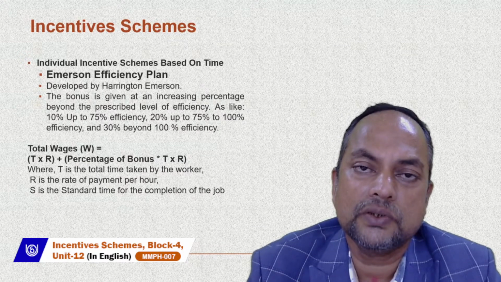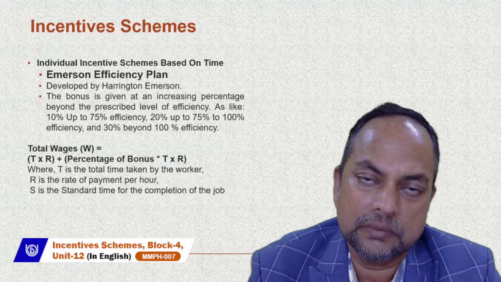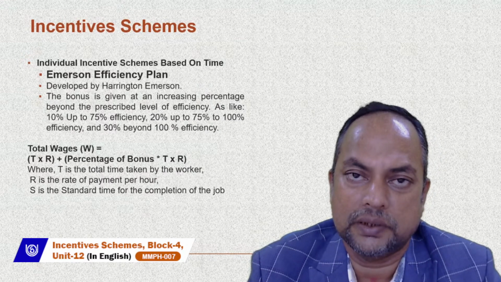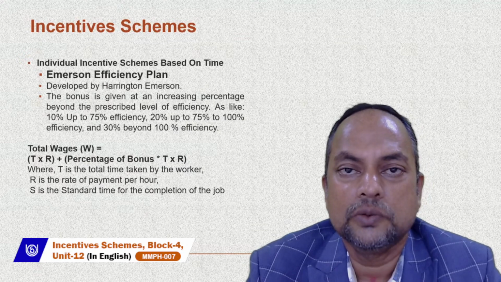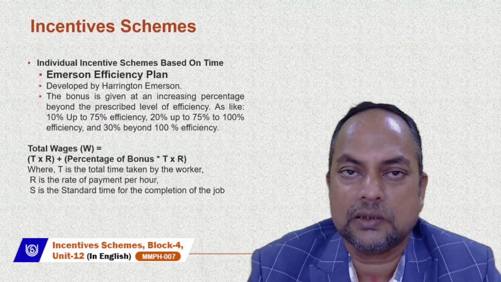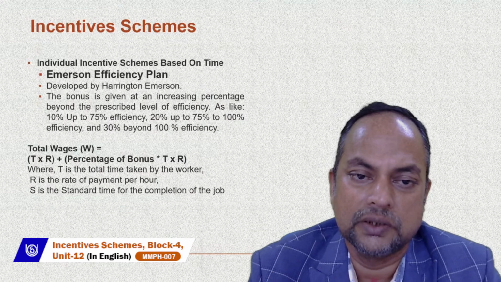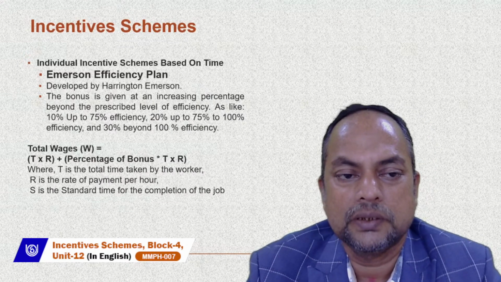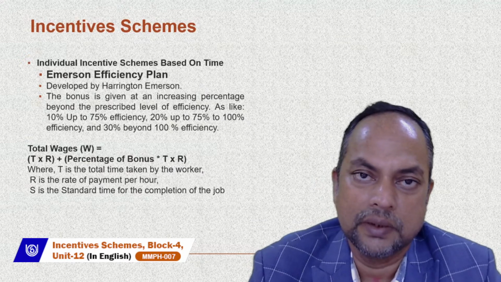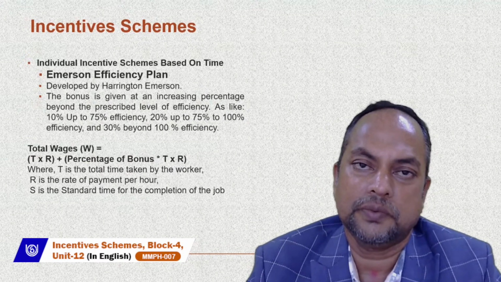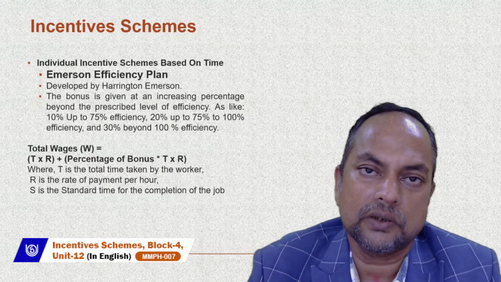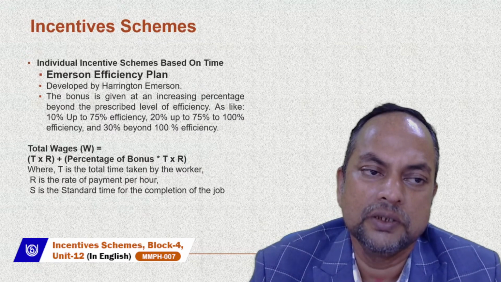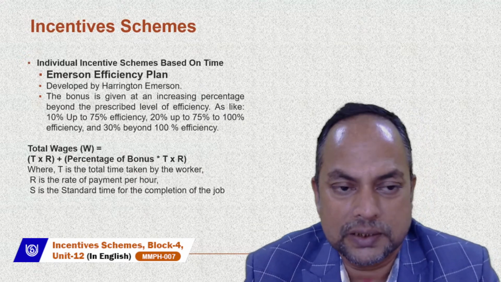Someone who completes the job between 10 hours and 8 hours will be paid 20%. And someone who performs the job in 7 hours or 6 hours or 5 hours, whose efficiency is more than 100%, has to be paid this 30%. So different performance levels and different sorts of incentives are to be administered for the employees of the organization.